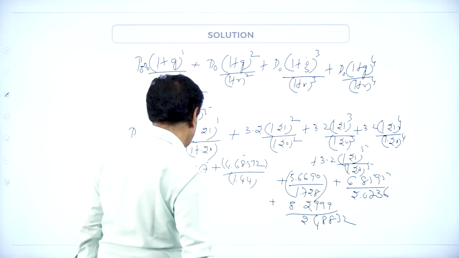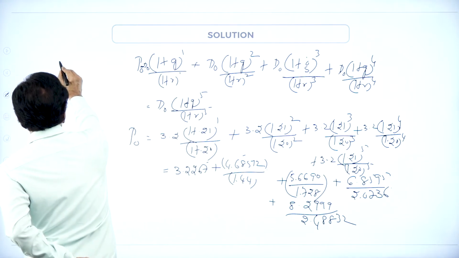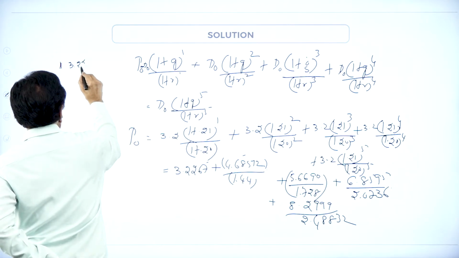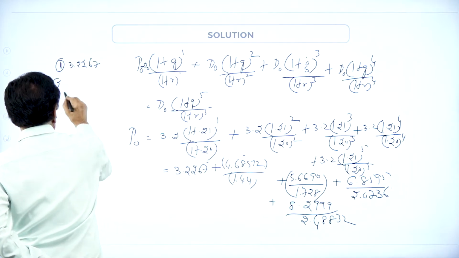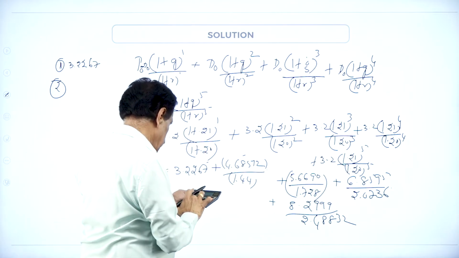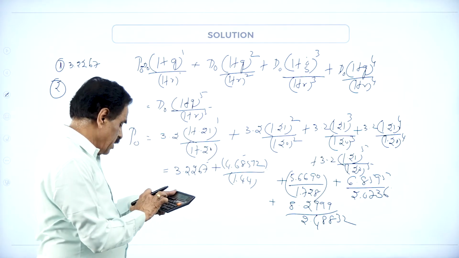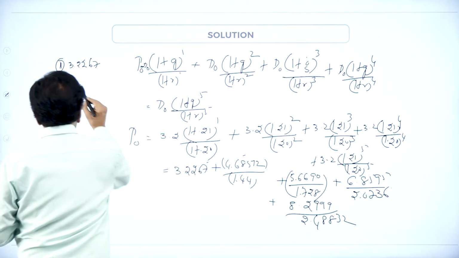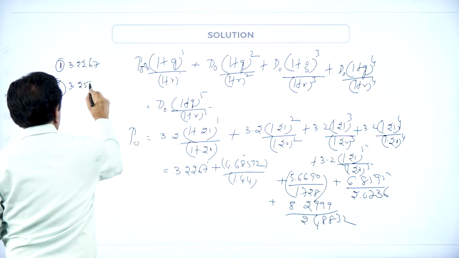Now you have to do the simplification one by one. This is for the first year: 3.2267. Second year: 4.68512 divided by 1.44, 3.2535.